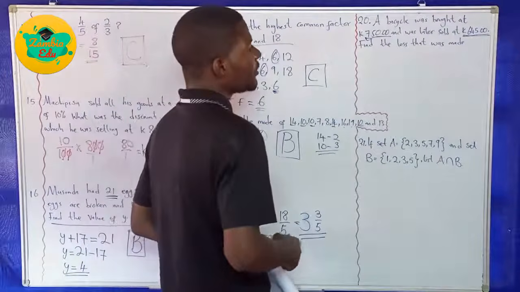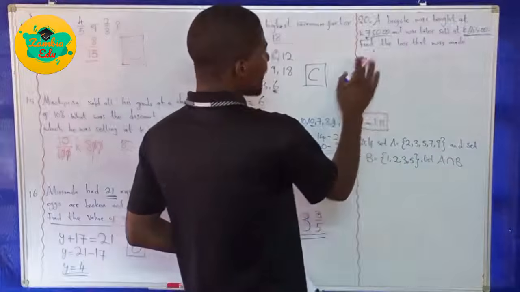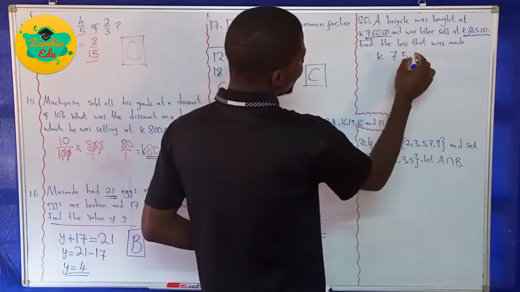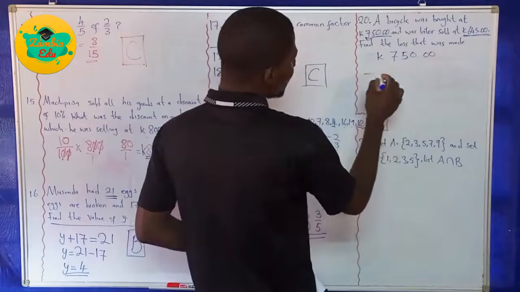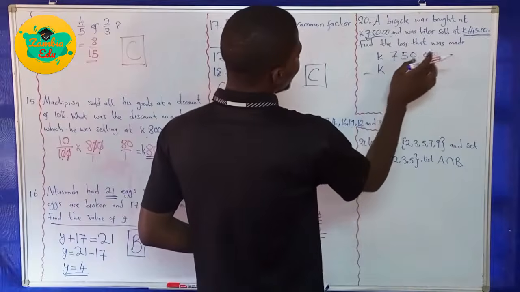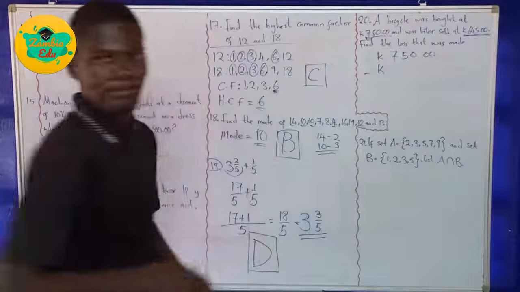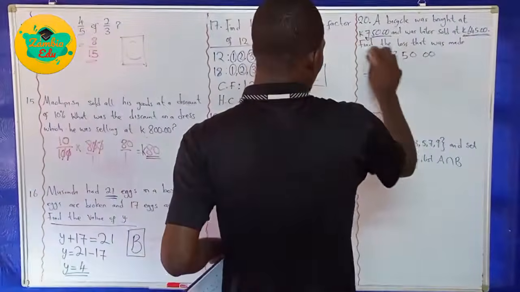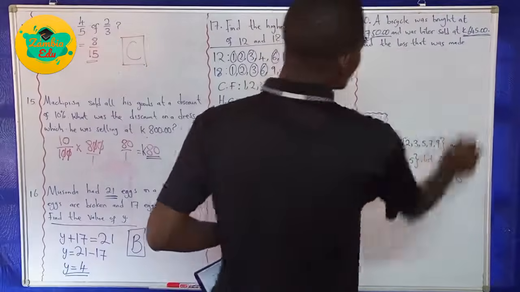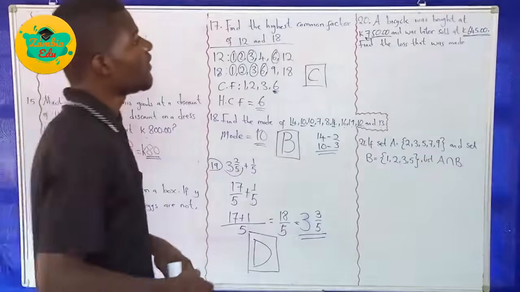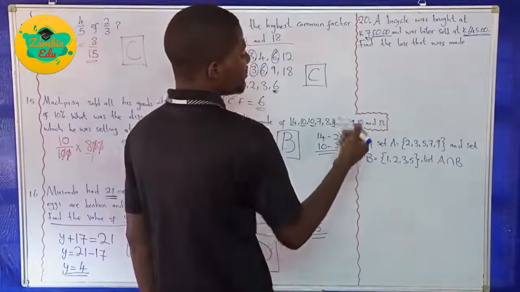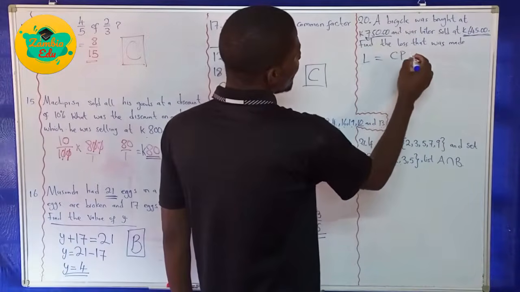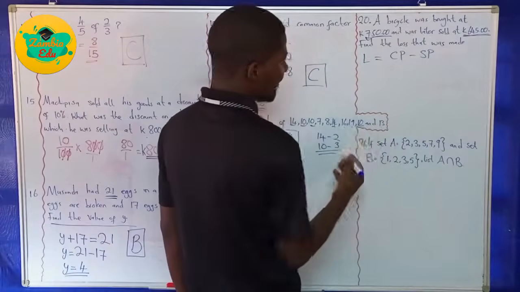So for us to be able to find the loss that was made, our loss is going to be equal to the cost price take away the selling price. That should give us our loss.